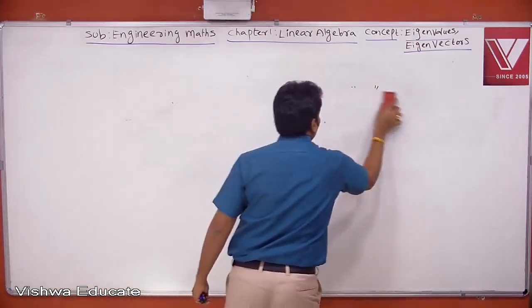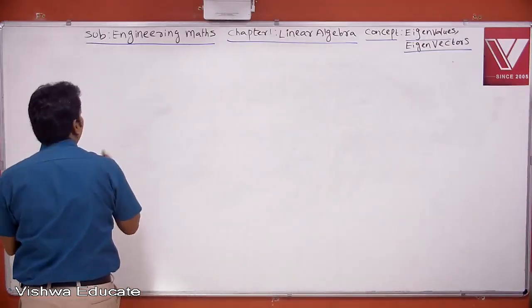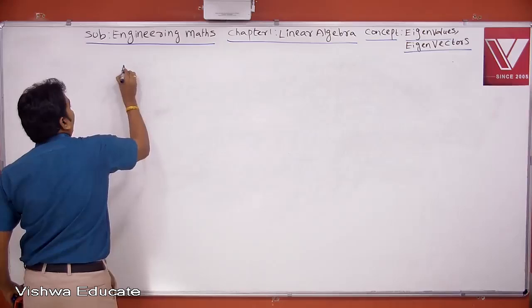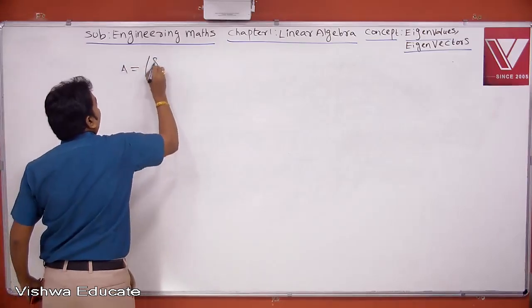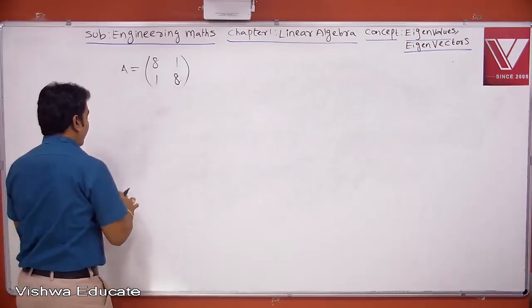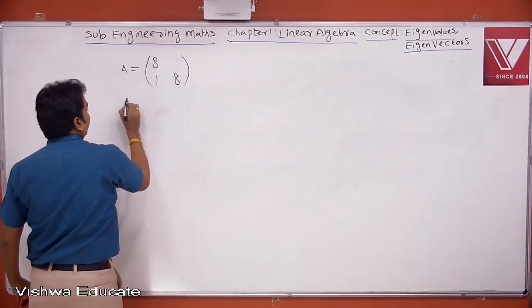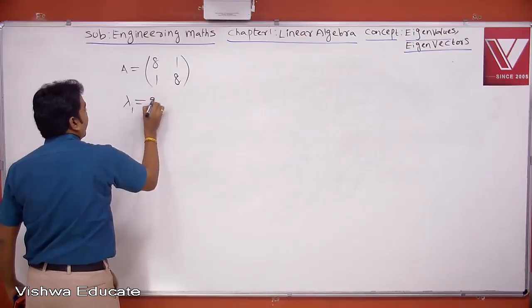Now let us discuss one simple 2 by 2 matrix example. Suppose I have a matrix A equal to 8 1 1 8. Now you can see 8 plus 1 is 9, 1 plus 8 is 9, so one of its eigenvalues is 9.